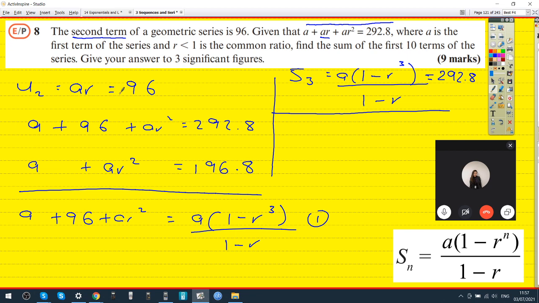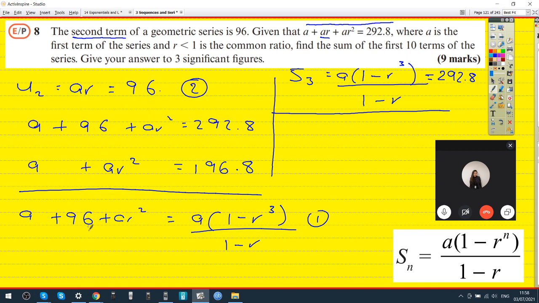So A times R is 96. That's definitely a different equation. But we already kind of subbed it in. Well, let's say A is 96 over R. Is that going to be easier? All right.